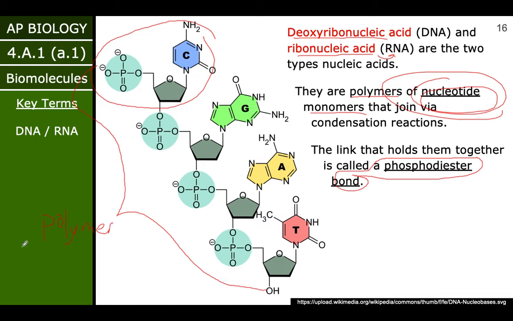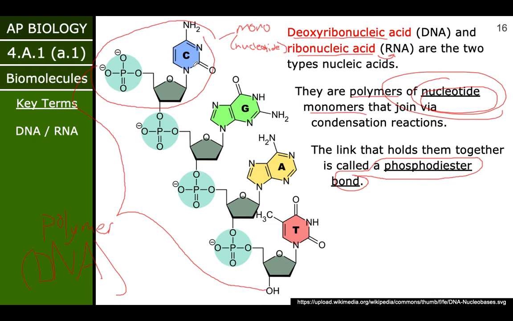And in this case, our polymer is, well, I know that this is going to be DNA, but you could also just put nucleic acid, because RNA looks very similar. Now, here's our polymer, and it's made up of monomers. So here I'm going to put mono. And this is a nucleotide. Now, not all nucleotides are the same.